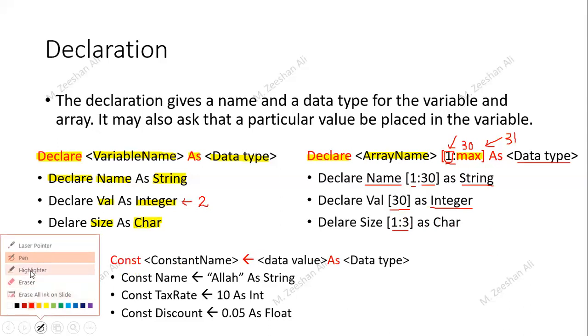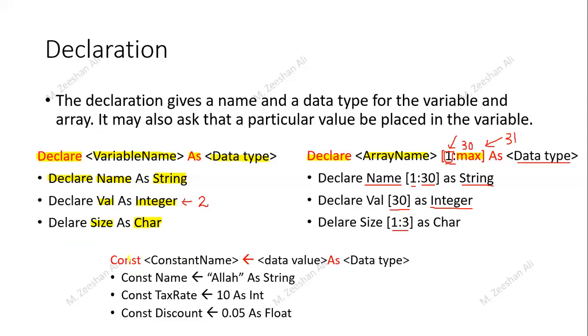When we declare any constant, we have a command const for that. We do not use declare as we were using for variables and arrays. When declaring a constant, we give the command const, then the name of the constant, and the same rules are followed: no numbers in the beginning, no special characters, only alphabets, and no space if there is a combination of two words.